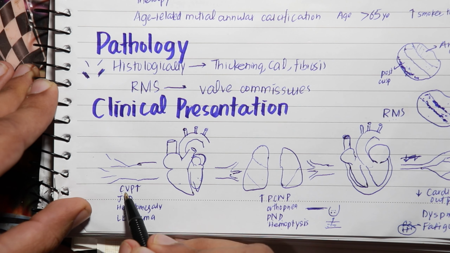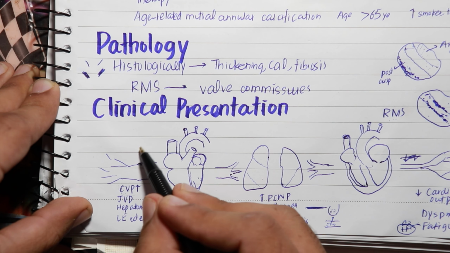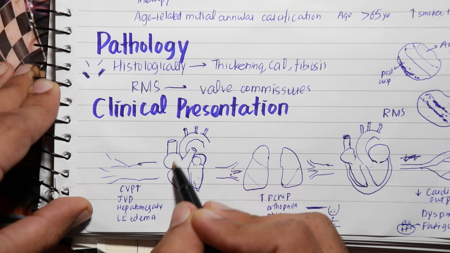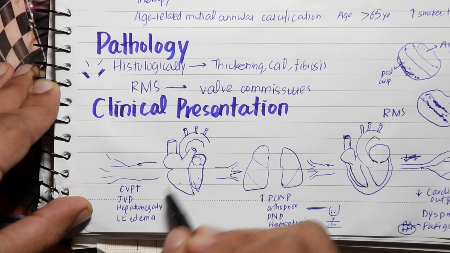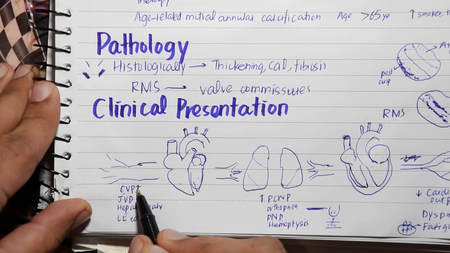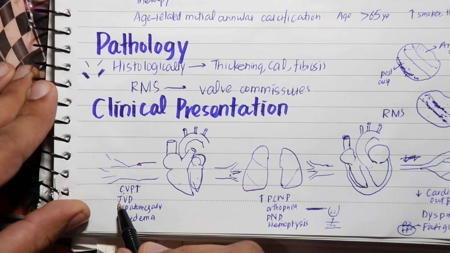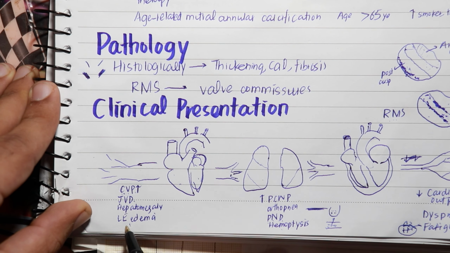So central venous pressure is increased. The blood that normally comes into the vena cava is not coming. Why? Because there is accumulation of blood, because blood is not going into the lungs. So central venous pressure is more. This causes jugular venous distension, hepatomegaly, and lower extremity edema.